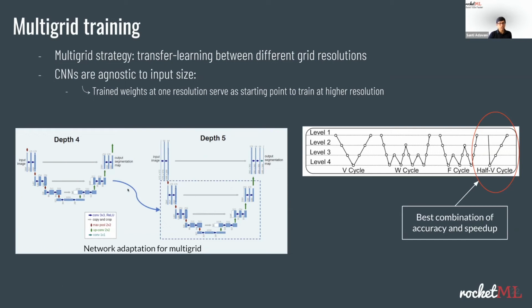The first thing I'll do is train my neural network using 64 cube input data with a depth 4 U-Net. Depth 4 just means the depth of this network is four levels. I'll train this network on my input data for some small number of epochs, say 10 or 20. Because I'm using lower resolution data, this training should be fairly quick.